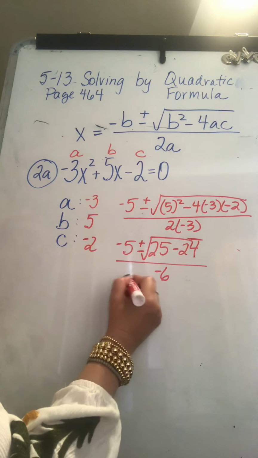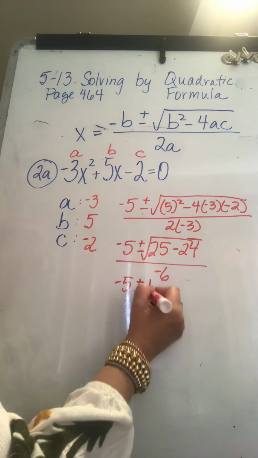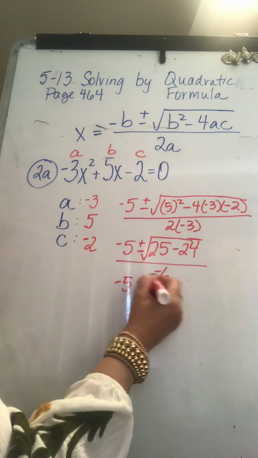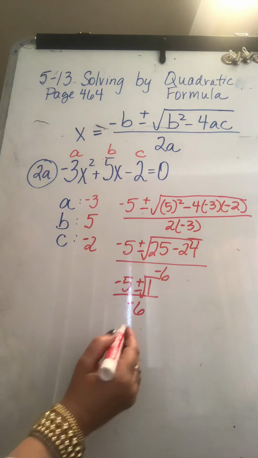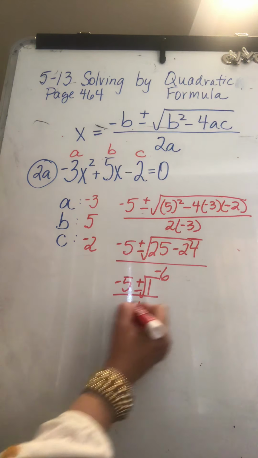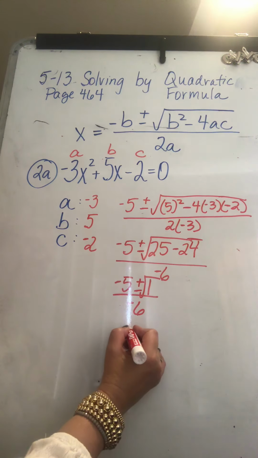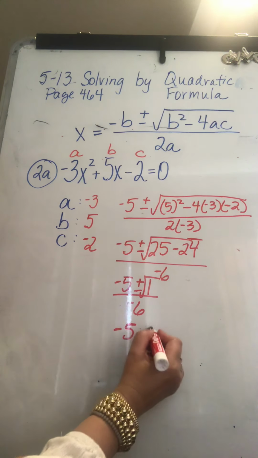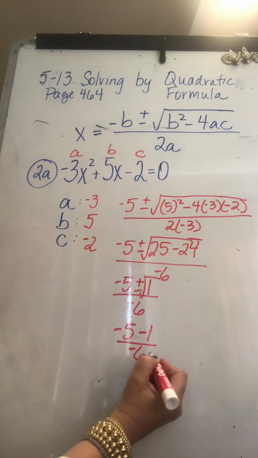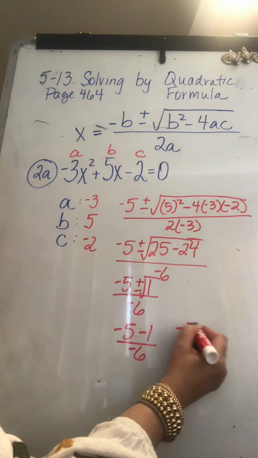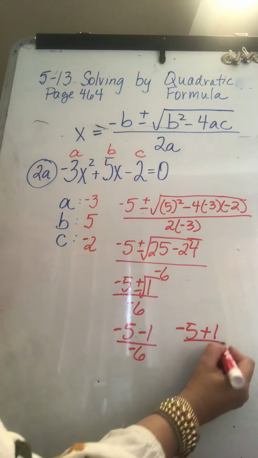So I have negative 5 plus or minus the square root of 1, over negative 6. The square root of 1 is 1. So I have negative 5 minus 1 over negative 6, and then I have negative 5 plus 1 over negative 6.